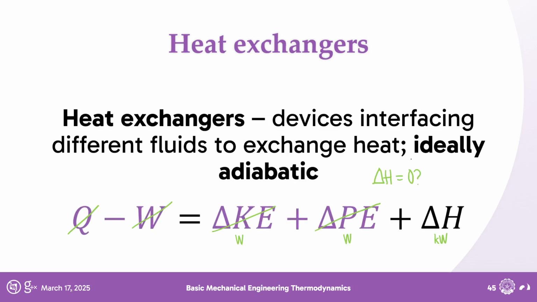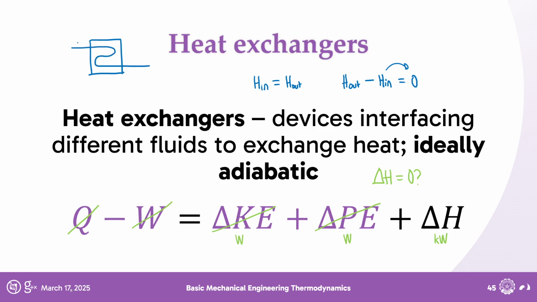Why is your delta H 0? Delta H, if you remember, is just code for H out minus H in is equal to 0. If we move that to the other side, you will get H in is equal to H out, aka the total amount of energy you put in will be the total amount of energy you get out.